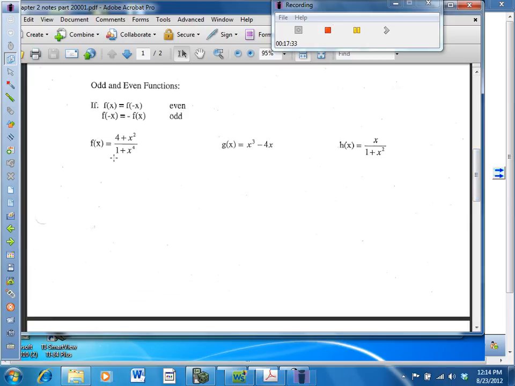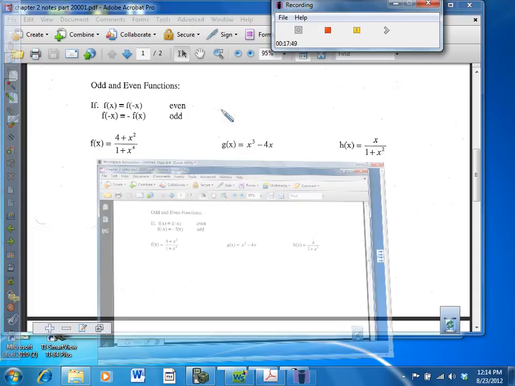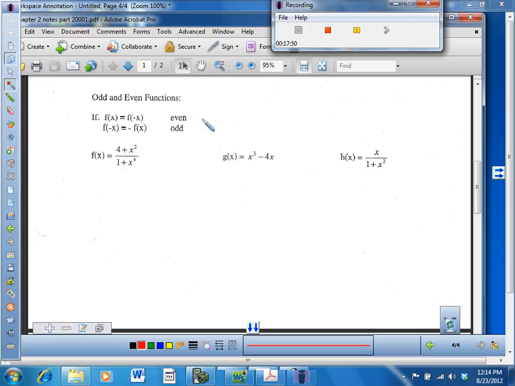Okay, even and odd functions. Good. The rules are, if f of x equals f of negative x, then it's even. And if f of negative x equals negative f of x, it's odd. In other words, plug in negative x for x.